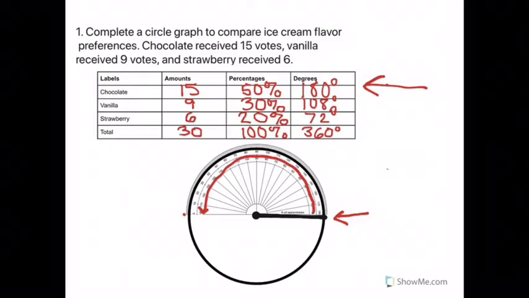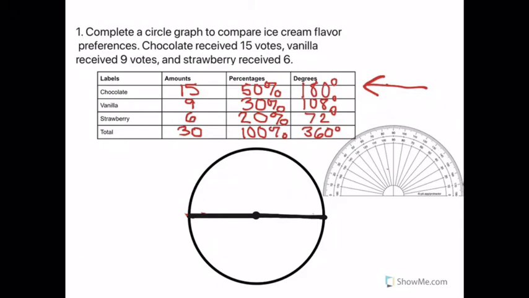It's going to be half of my circle, 50%, 180 degrees. So I connected that red dot with the center of my circle. So basically I drew a diameter through my circle to represent 50%, or 180 degrees.